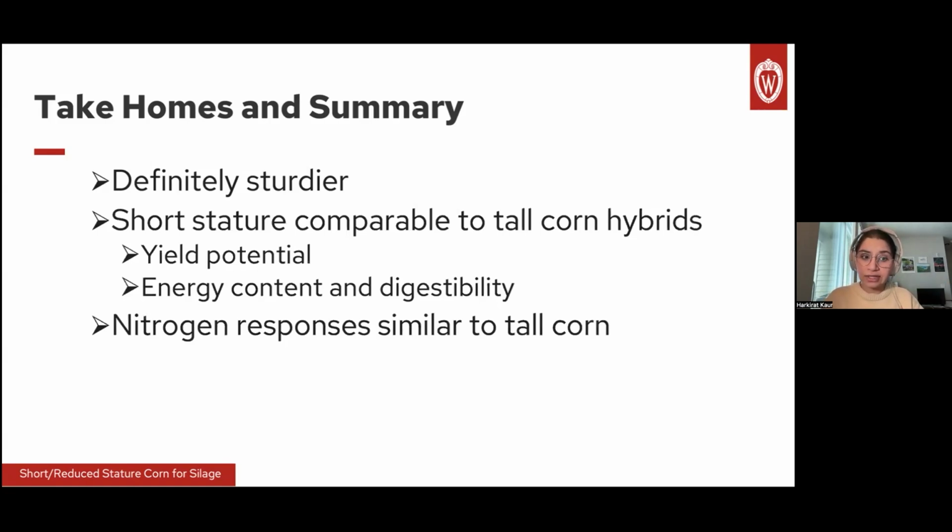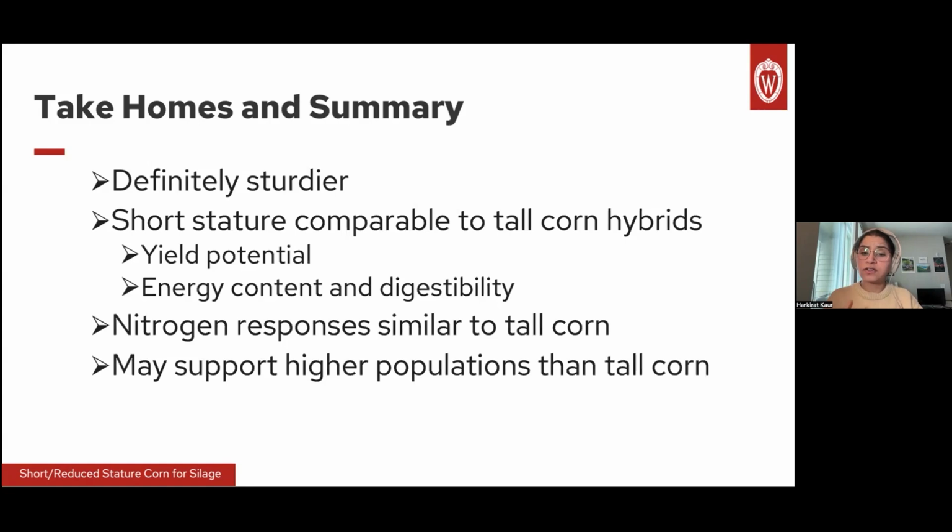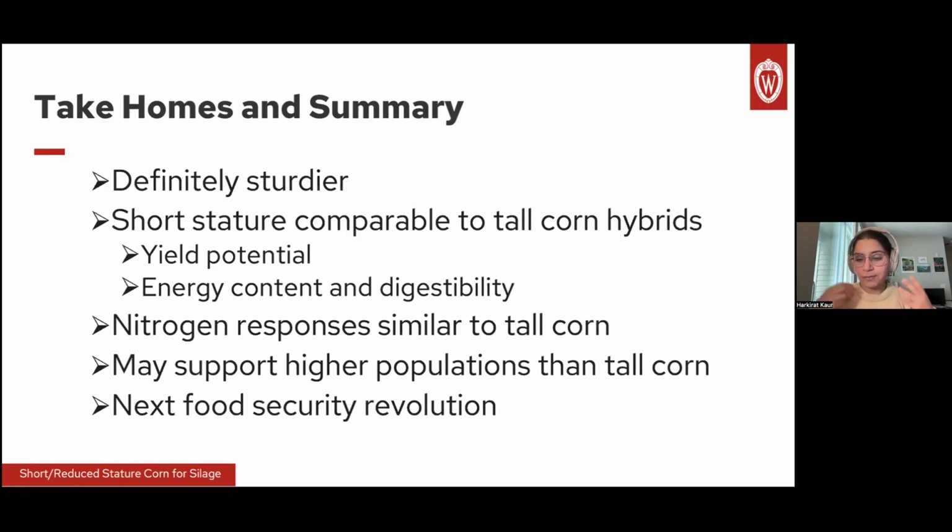With that, we are also speculating that it may support higher populations than taller corn under the same kind of resources. So these are the questions and the research that we are leading forward to probably create the next food security revolution in terms of corn.